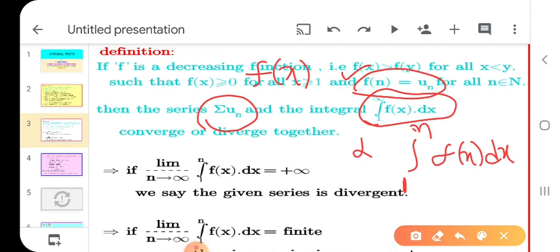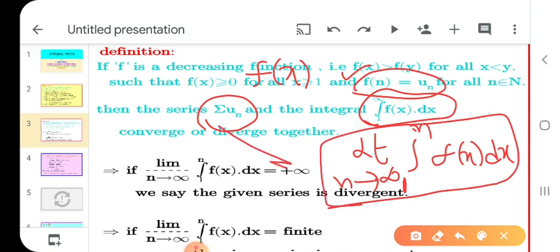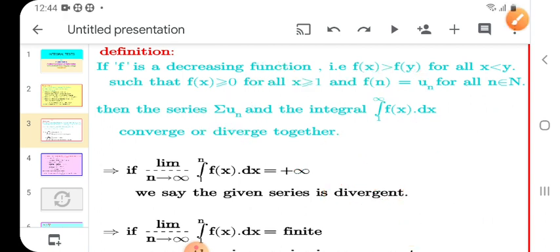So after that I find the limit as n tends to infinity. So this is the value for the given summation un. If the limit as n tends to infinity of the integral from 1 to n of f of x dx is finite, we say the given series is convergent. Otherwise divergent. This is the procedure.